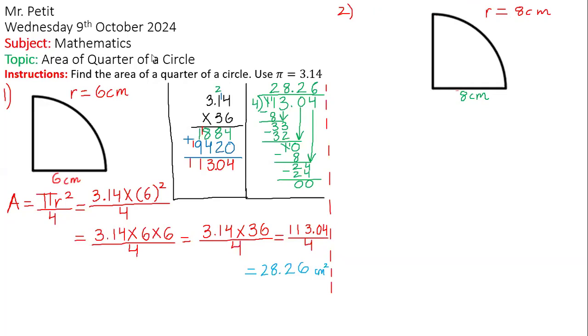Wyatt, what's our radius in this case? The radius is 8. Very good. I need space to divide and stuff, so now we're going to write our formula. A is equal to what? Pi r squared, all over 4.